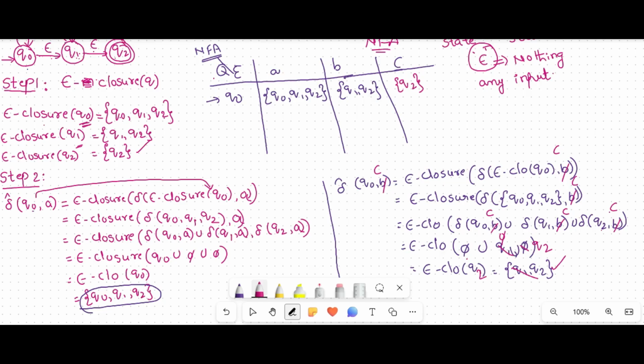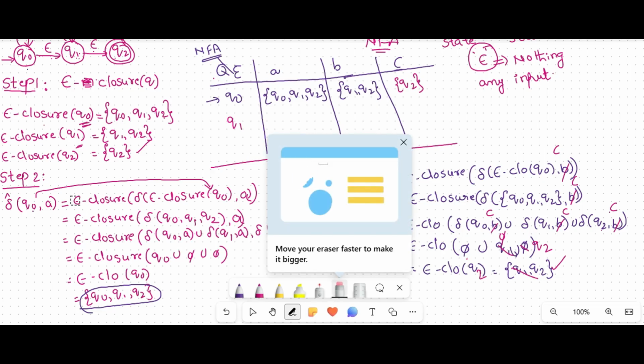Now, similarly, what do we have to calculate now? We have to calculate Q1.